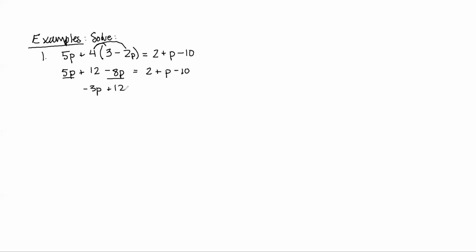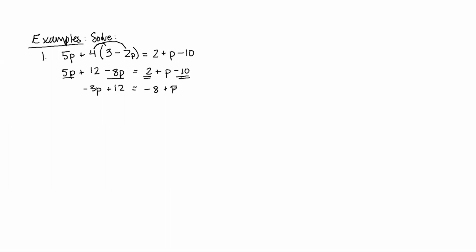And remember, it doesn't matter which order you put these in. I could have also done 12 minus 3p. Just make sure that the signs are the same. So the 3p is still negative, the 12 is still positive. All right, and then on the right side, we can combine the 2 minus 10. This gives us a negative 8 plus p, or p minus 8.